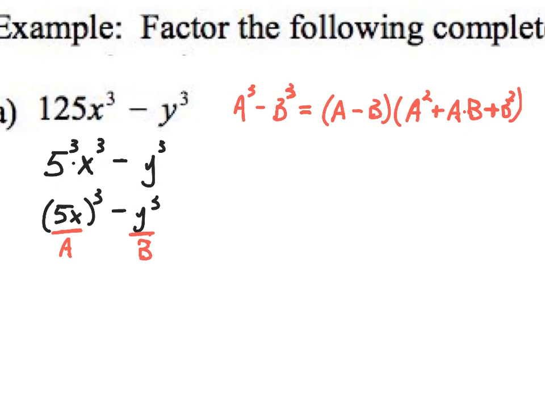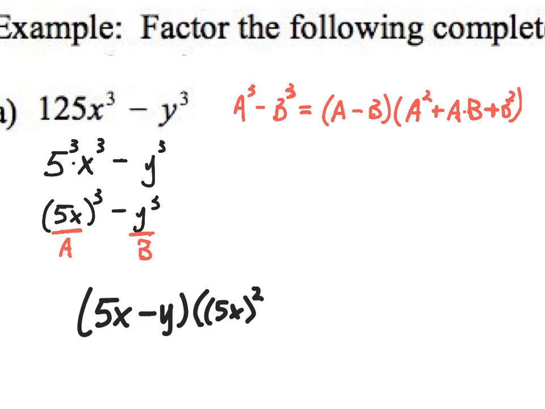So if I wanted to factor this, then I would get the quantity 5x minus y, the same sign, multiplied by the quantity 5x squared, so take that quantity and then square it, and then plus 5x times B, which is my y value, so 5x times y, and then plus y squared.